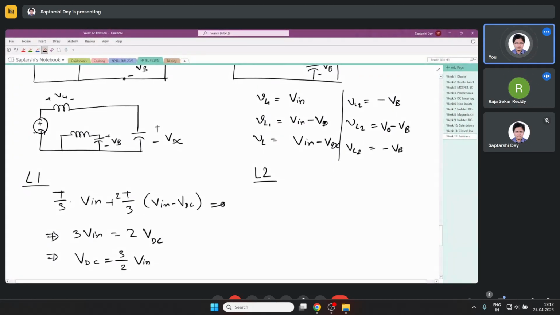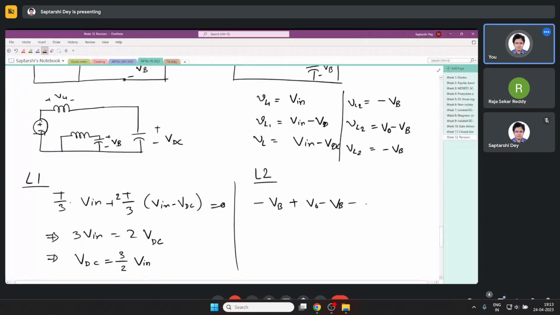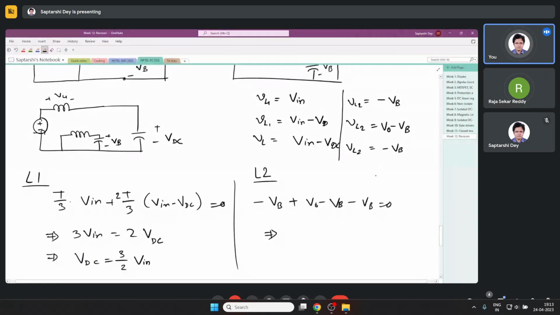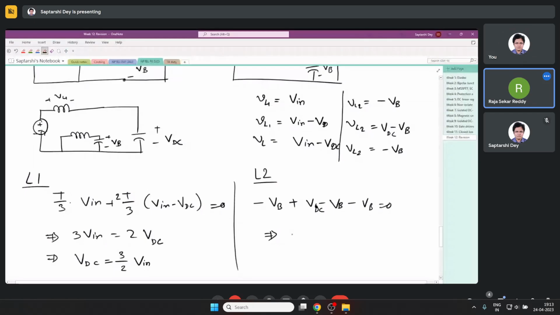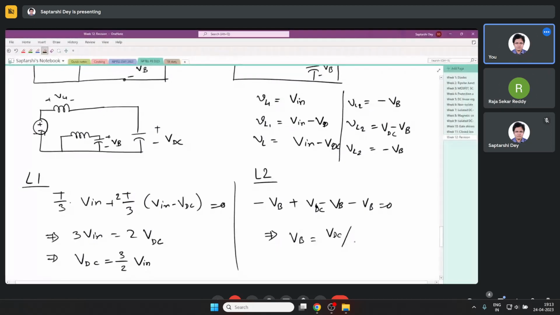Okay, so for L2 we will see, the times are the same. I'm not writing T by 3 times again, I'm just adding them. Minus VB plus V naught minus VB minus VB equals 0. So V naught is VDC basically. So VB is VDC by 3.